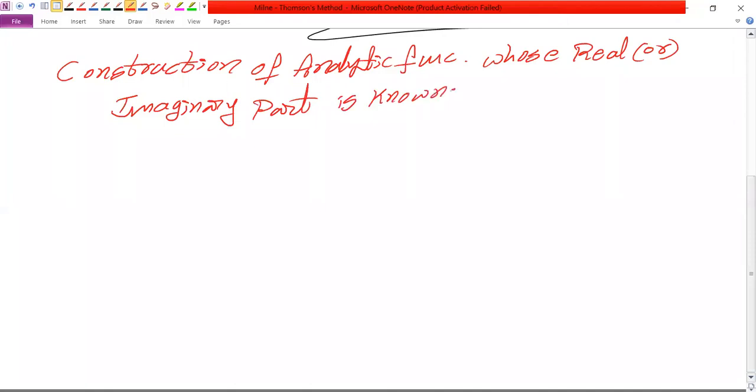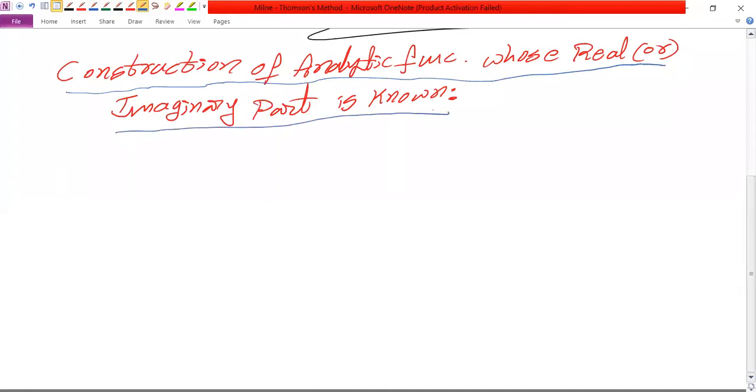That means, what is the real part of f of z? u. What is the imaginary part of f of z? v. So if u is given, how to find the analytic function? Or if v is given, how to find the analytic function?